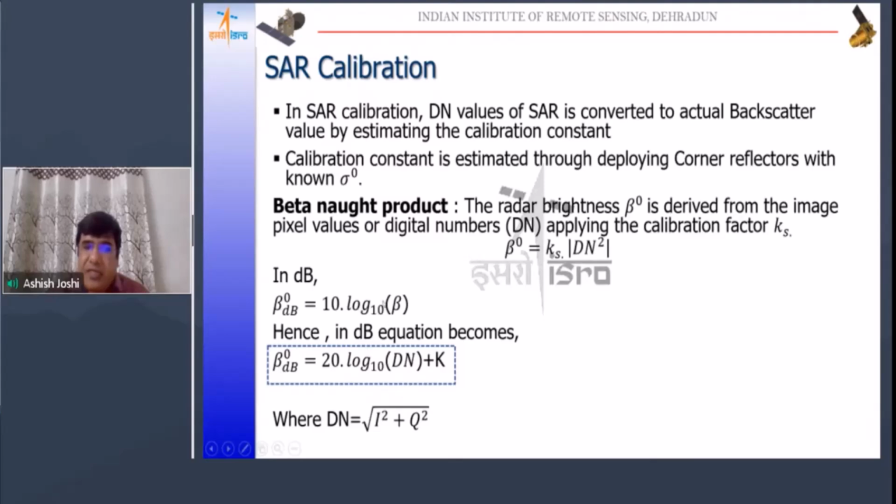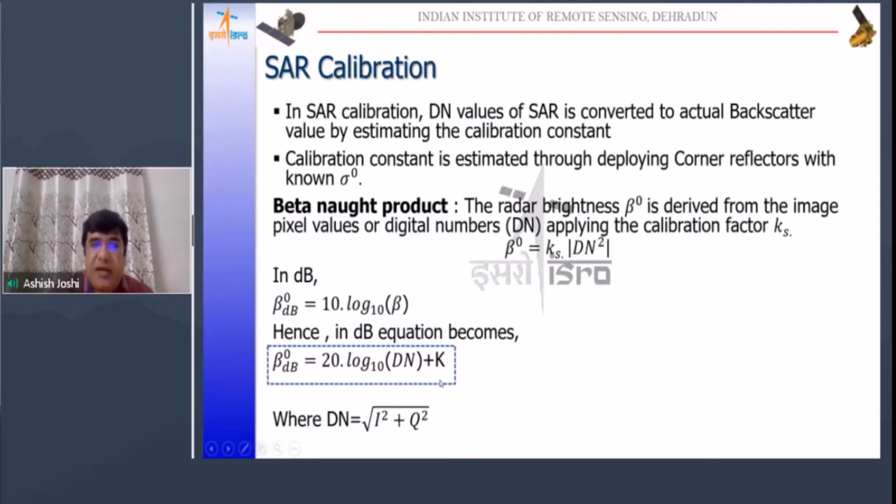Beta dB equals, since DN square is there, 20 log 10 DN plus K. Ks in the log scale is called K. So this K we can find out. How? In the image we know the DN and we know the beta naught of the actual corner reflector. Then we can derive this K.